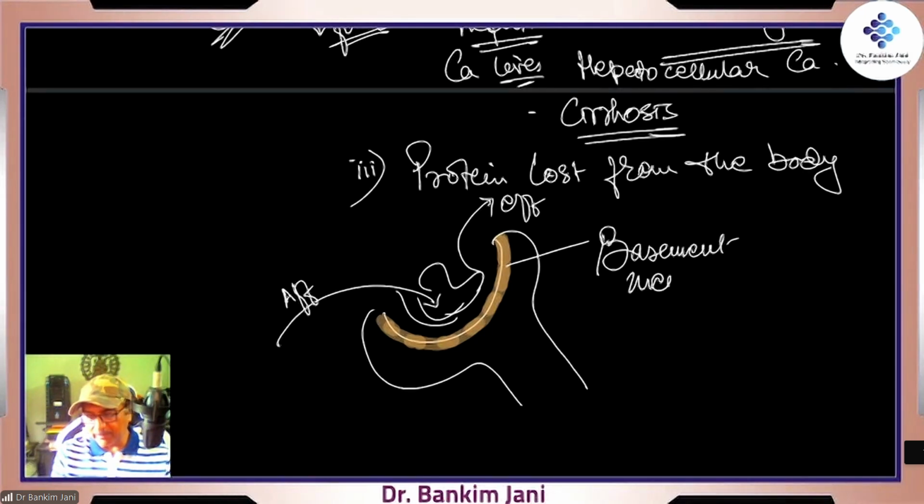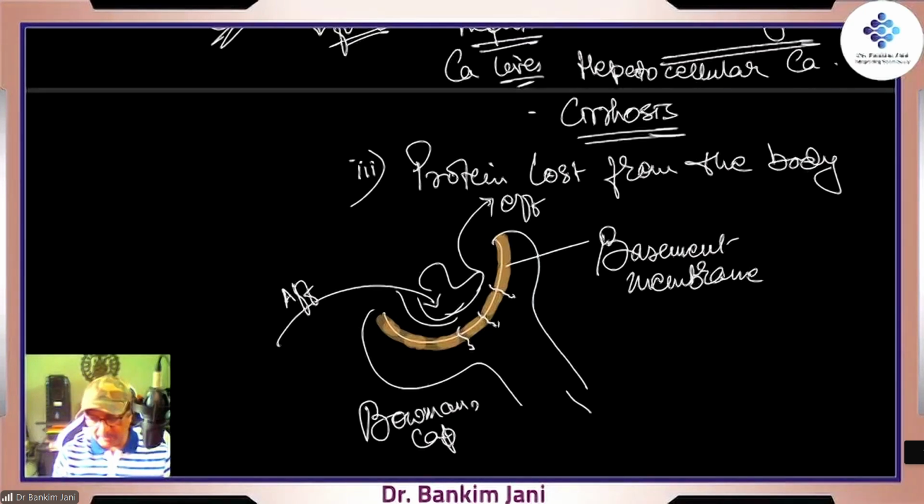In this basement membrane, they allow only the water and some of the electrolyte to pass through. When the protein comes, it won't allow the protein to pass through. So that's why the protein is not lost.